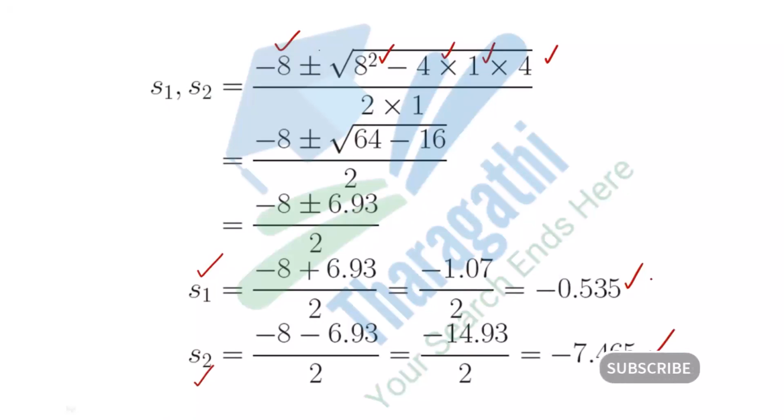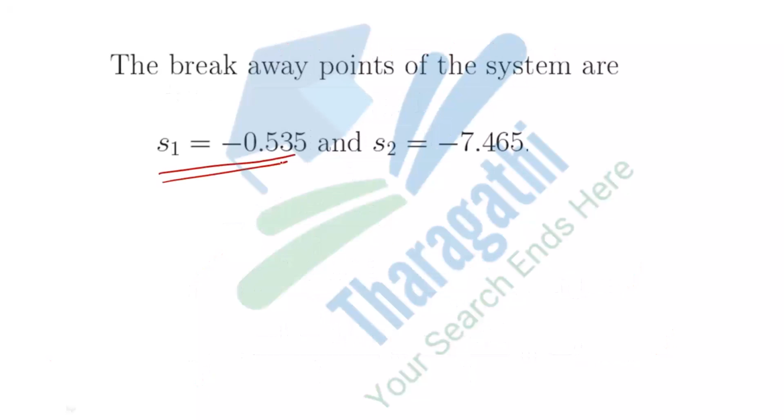So these are the two breakaway points of the system. The breakaway points are s1 = −0.535 and s2 = −7.465. This is how you can determine the breakaway points of the system.